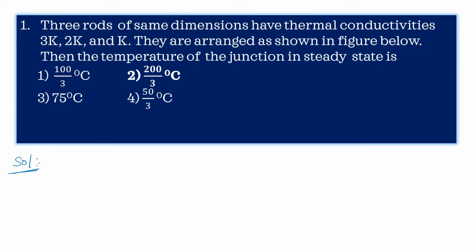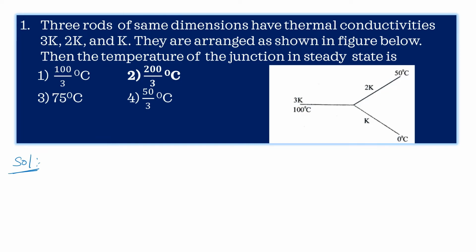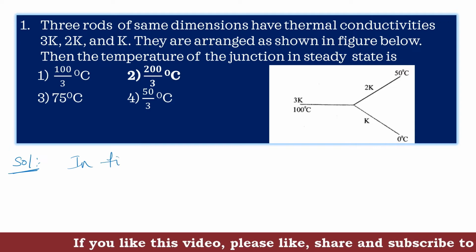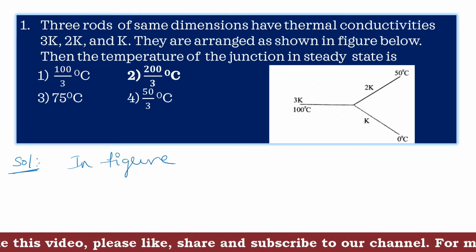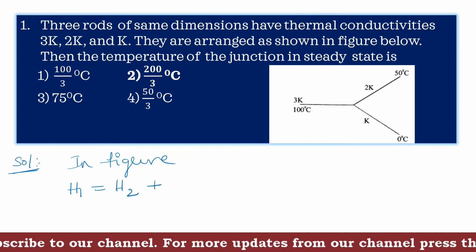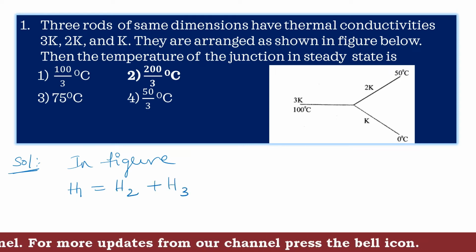Observe this figure. In the figure, H1 is equal to H2 plus H3, the rate of flow of heat in the three rods. So, from the figure, H1 is equal to H2 plus H3.